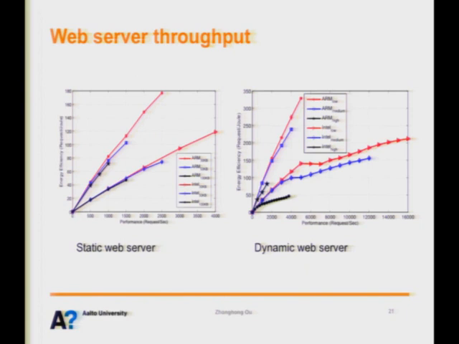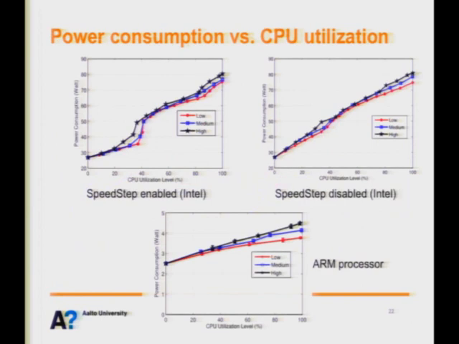But then at some phase, there is an interesting phase here, which is flat. I mean, the energy efficiency index does not increase as the CPU usage level increases. So we dug into this, and we found out that the Intel processors use SpeedStep, this dynamic voltage and frequency scaling, DVFS.